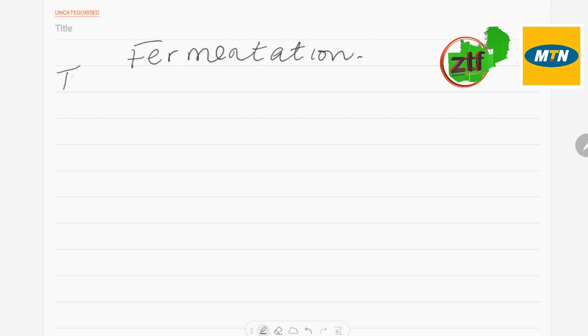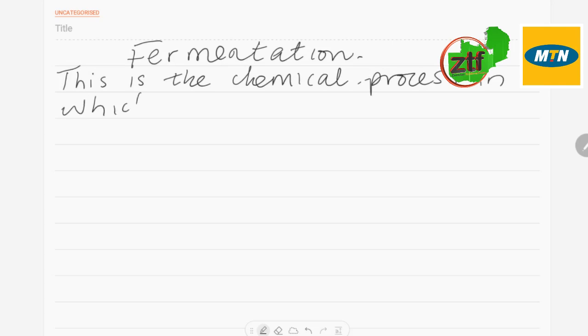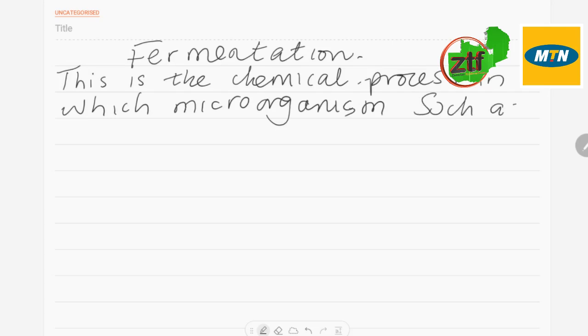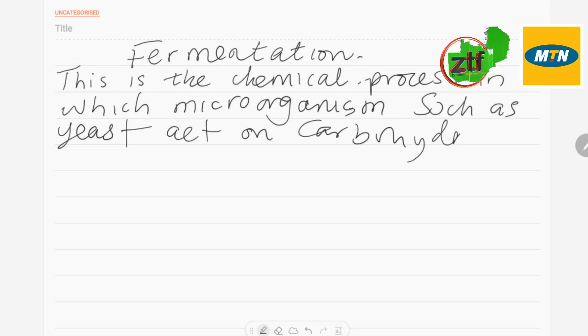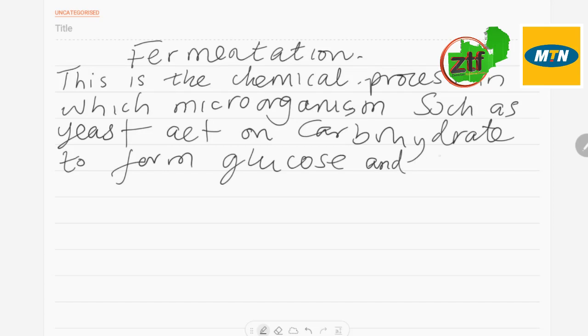Fermentation. This is the chemical process in which microorganisms such as yeast act on carbohydrates to form ethanol and carbon dioxide.